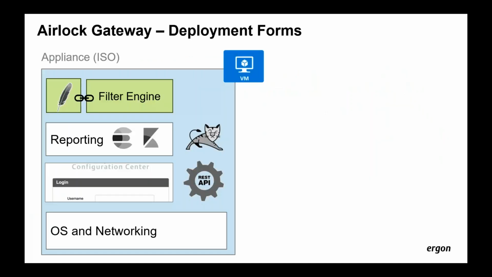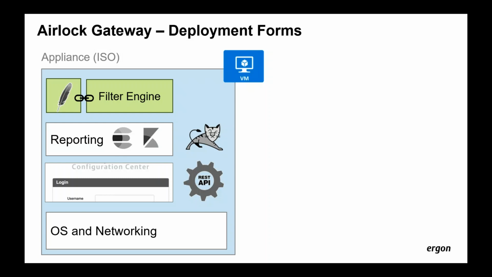If you have a look at the appliance, there are a lot of components. There is the Apache taking the requests, and the filter engine working those requests, applying the deny rules and allow rules. Underneath there's reporting, a configuration center, a REST API, and an additional Tomcat to deploy even more web applications.